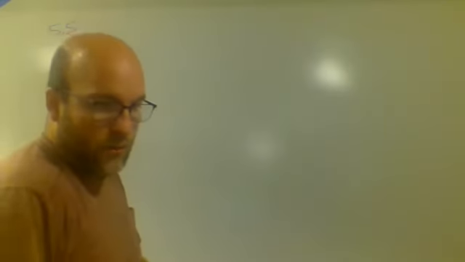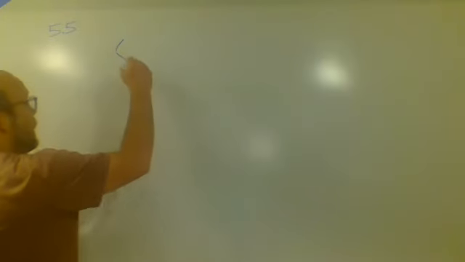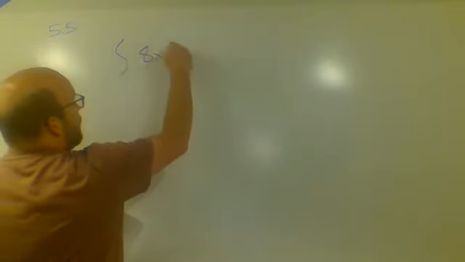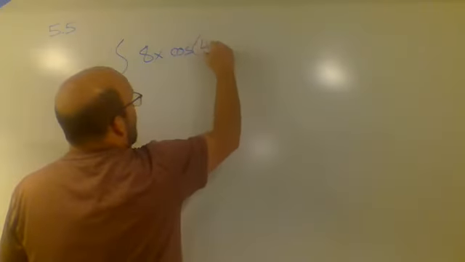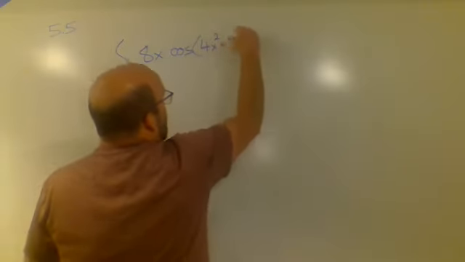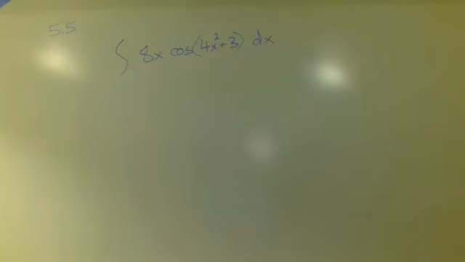Okay, so our first example here, let's say that we're working with the antiderivative of 8x times cosine of 4x squared plus 3, times dx. Okay.